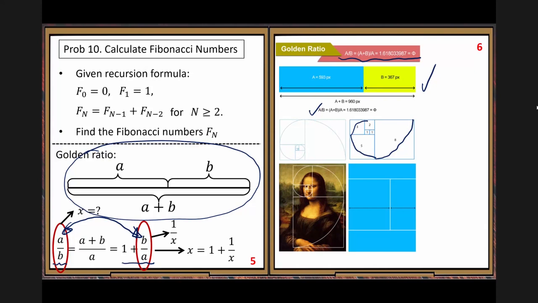So the equation can be simplified to this quadratic equation: x squared equals x plus 1.